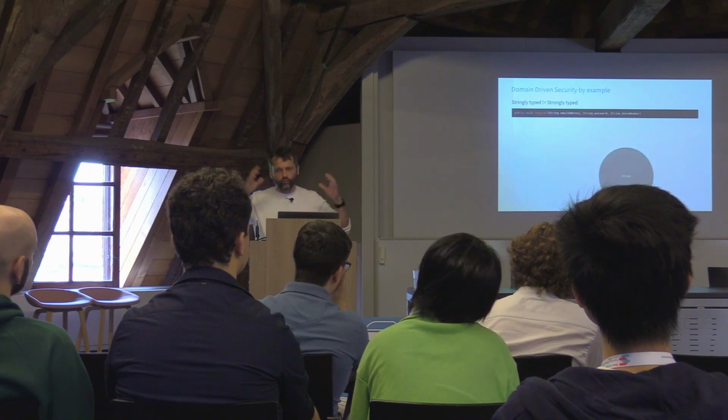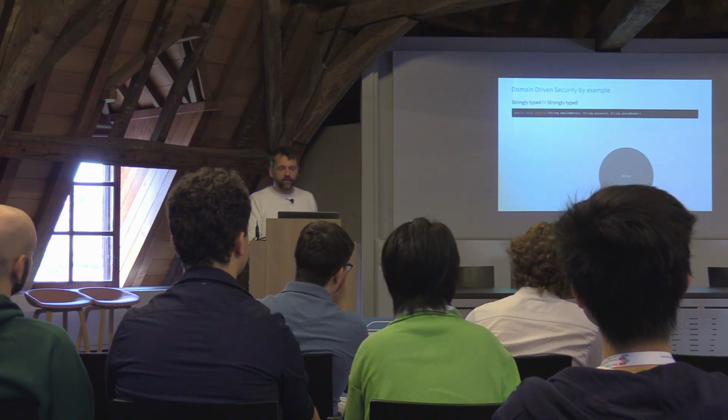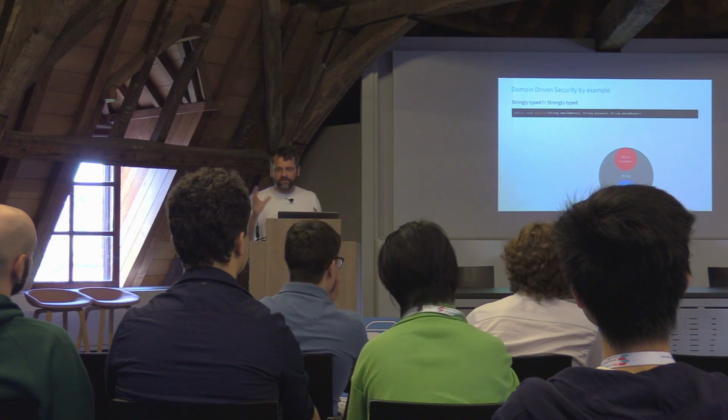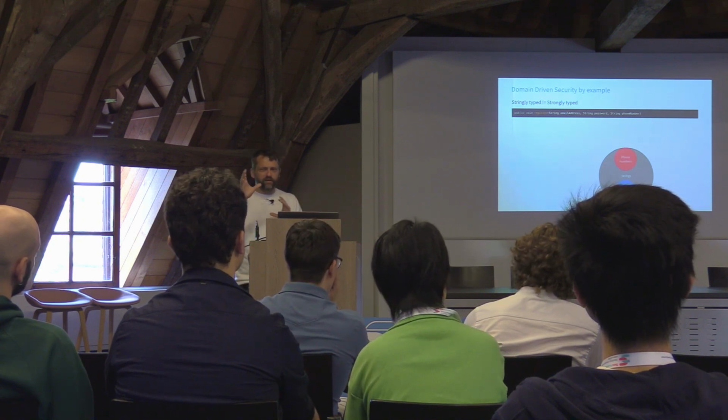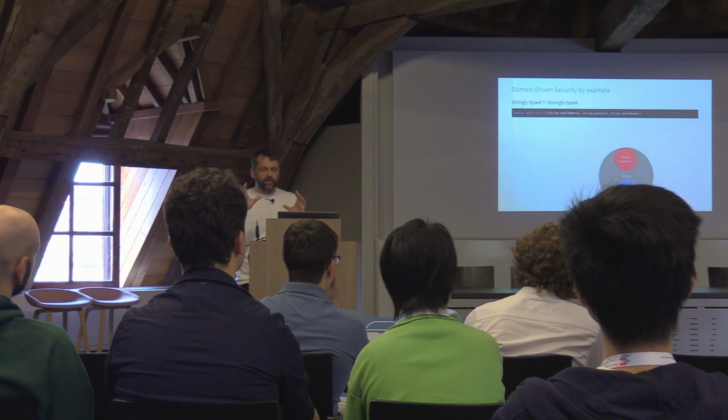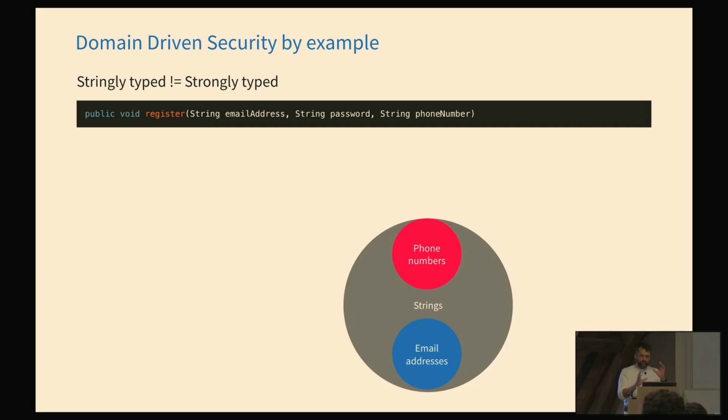But if we look at the total amount of strings that are out there, and then the sets of email addresses and the sets of valid phone numbers, they're not the same, right? Well, maybe if it was a SIP number, then maybe there was some overlap, but for normal mobile phone numbers and normal emails, there is no overlap. And still in our code, we said both of them are strings. They're the same. And string is a weird concept.